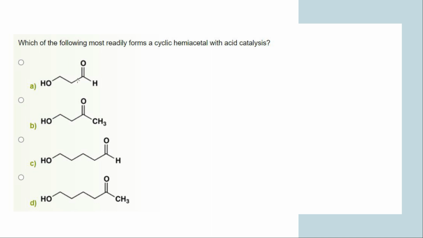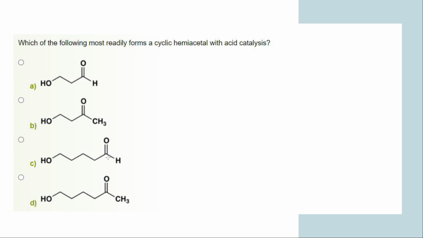4-membered cyclic hemiacetal. Now let us come to option C. When this O, the lone pair containing oxygen, will undergo nucleophilic addition to the aldehyde, you will get 1, 2, 3, 4, 5, 6. In option C, you will get a 6-membered cyclic hemiacetal formation.